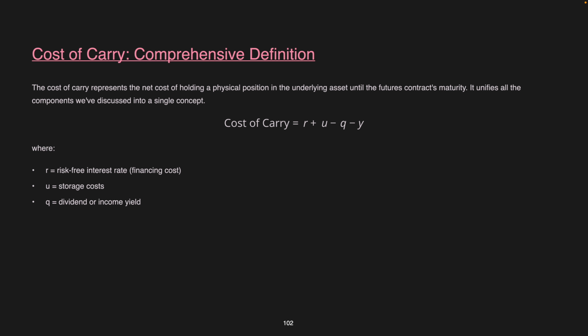Here r is the risk-free interest rate, u is the storage cost, q is the dividend or income yield, and y is the convenience yield. So the future price can simply be expressed as F0 is equal to S0 into e to the power of C into capital T. What is C? C is the net cost of carry, which is r plus u minus q minus y.